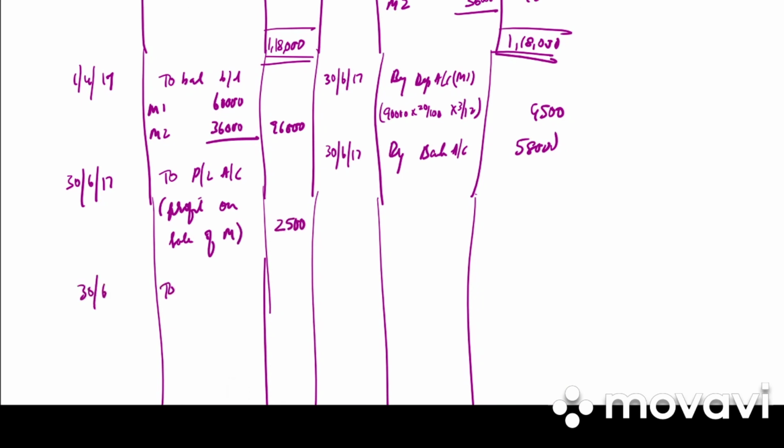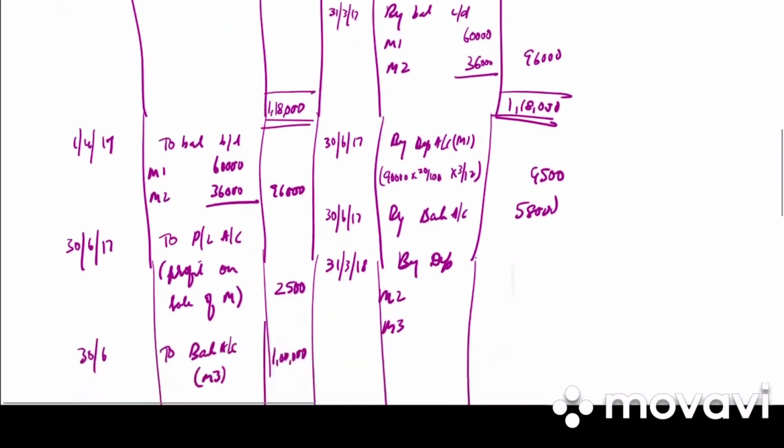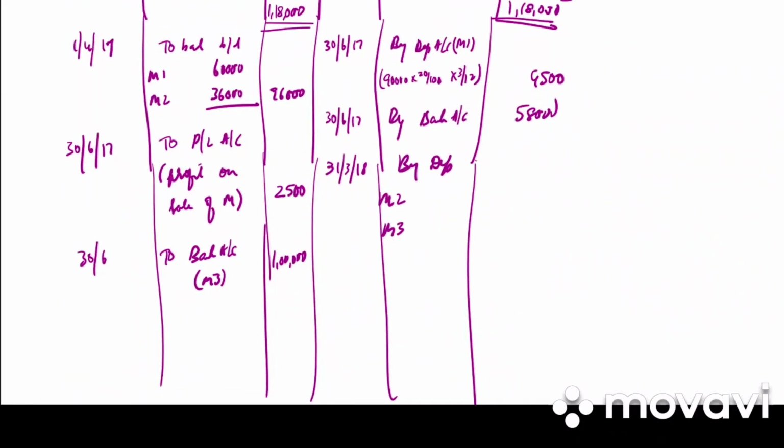Then on 30th June a new machinery is purchased. So to bank account, that is machine 3, 1 lakh rupees. Then on 31st March 2018 we charge depreciation for 2 machinery, that is machine 2, machine 3. Machine 2 will be how much? 40,000 into 20 by 100, that is 8,000.